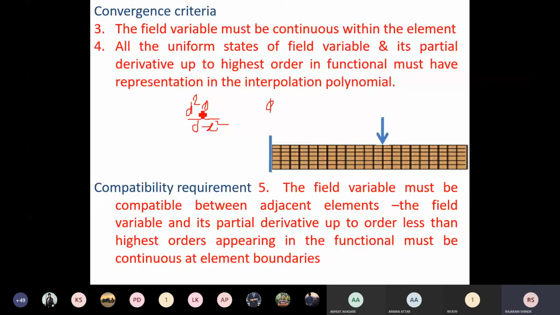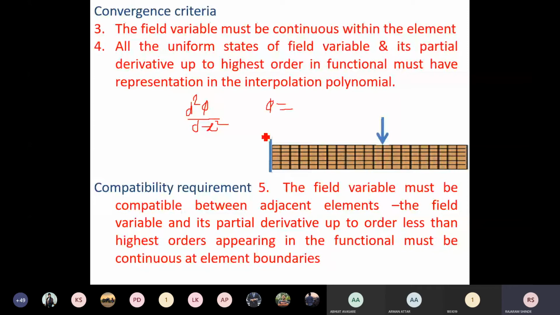If the order of this derivative is 2, and we have used a first order polynomial, then this derivative is not possible. So in this situation your interpolation polynomial should be second order. Okay, you can understand this one.